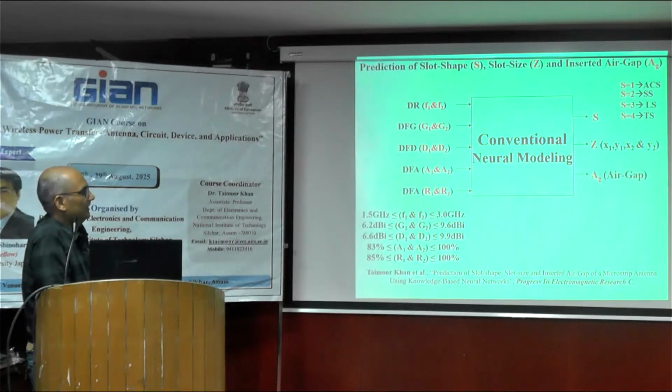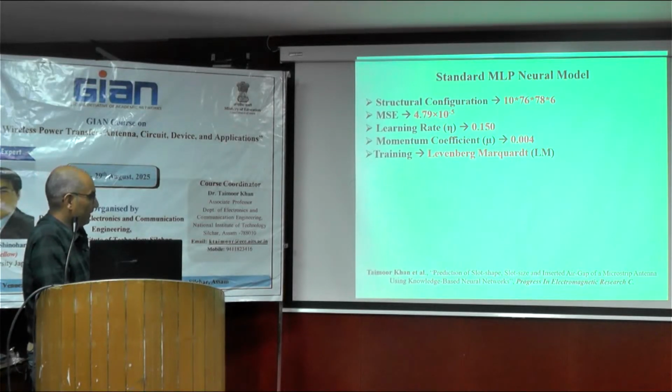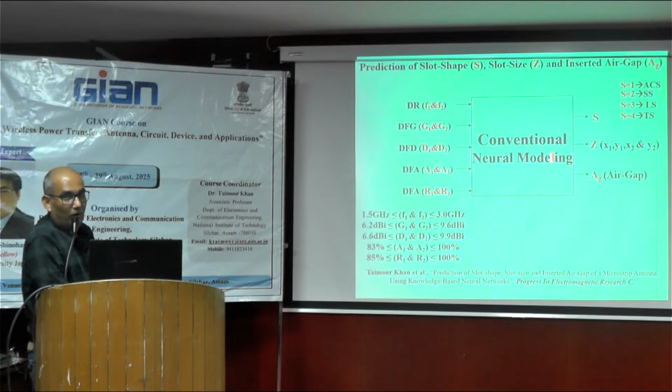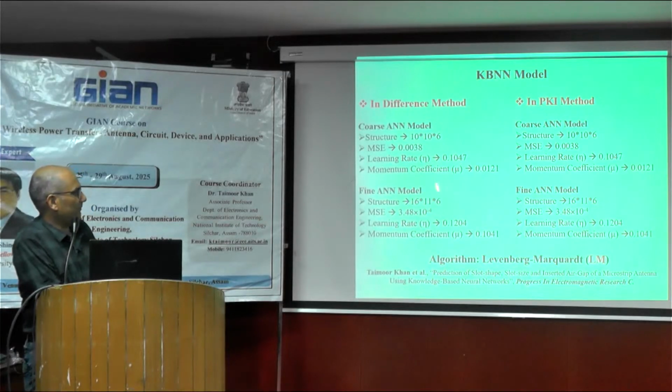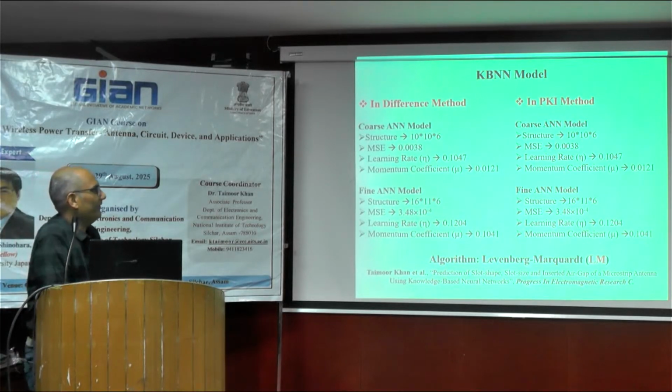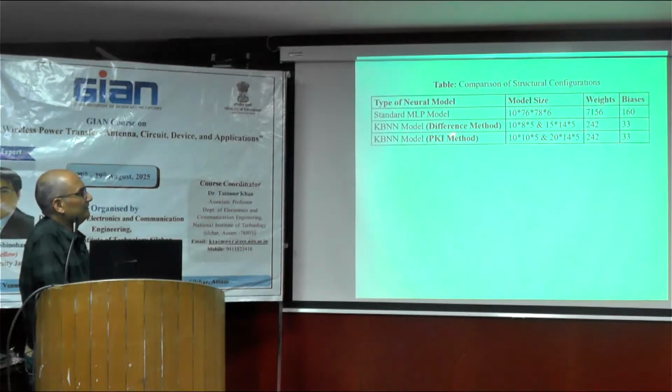Then we need to apply the knowledge based approach to reduce the structure. It is the same approach we used earlier, but all the values are different because it is optimized for this particular case. Just see this one: standard 10, 76, 78 by 6, number of weights, number of biases, in these two cases.